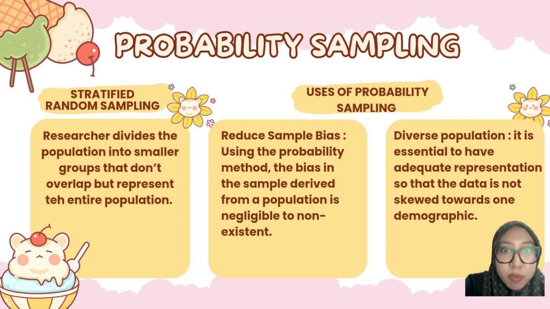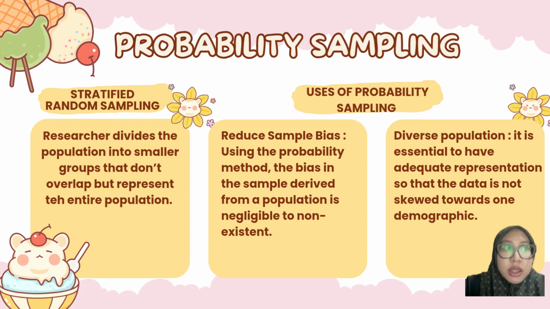In probability sampling, there are three uses. Number one is to reduce sample bias. Using the probability sampling method, the bias in the sample derived from a population is negligible to non-existent.